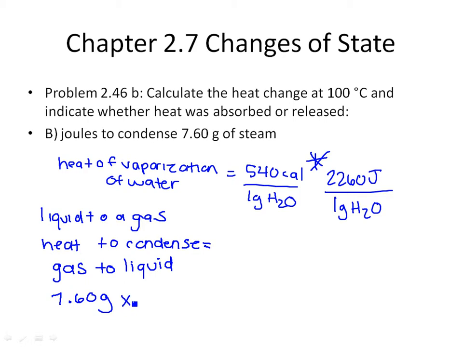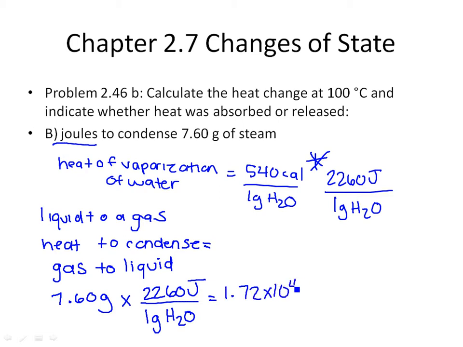We want to go to joules, so we're going to use our heat of vaporization. That leaves us with a large number, 1.72 times 10 to the 4th joules.